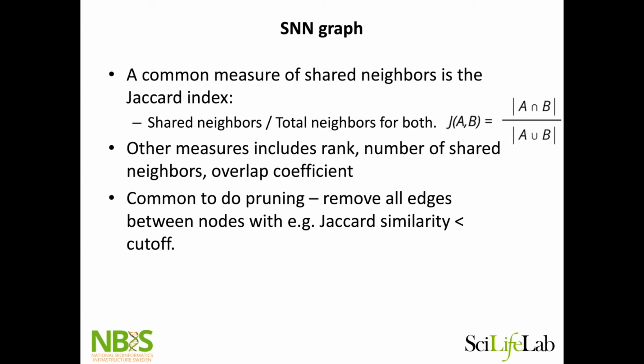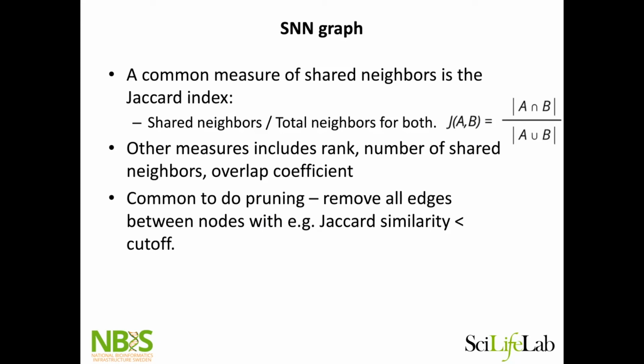Of course we can measure shared neighbors in many different ways, but the most common measure to use in single cell data is the Jaccard index. It's how many shared neighbors two cells have divided by the total neighbors that both of the cells have.